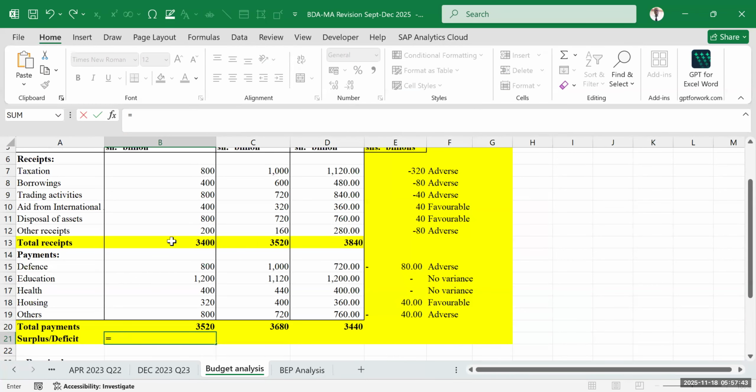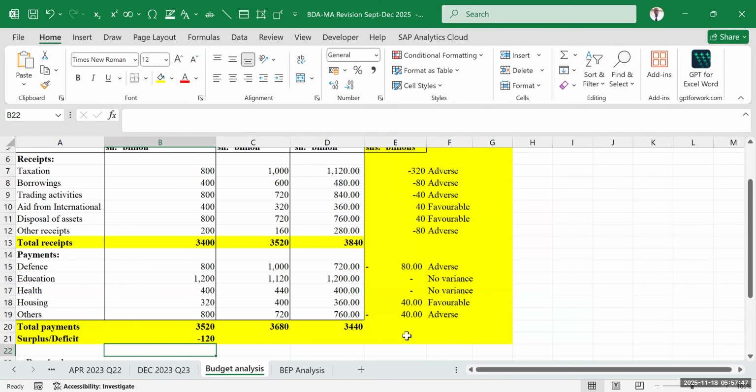It's okay, no worries. Let's just compare receipts and payments. Now, you are going to give your own verdict whether it's a surplus or a deficit. Whenever payments are more than receipts, that is a deficit. But whenever receipts are more than payments, that is a surplus.